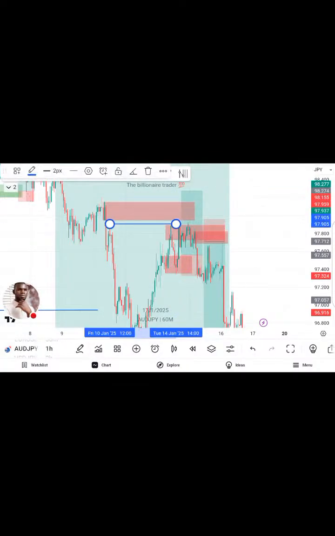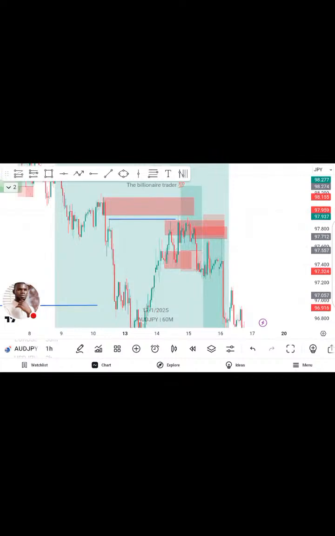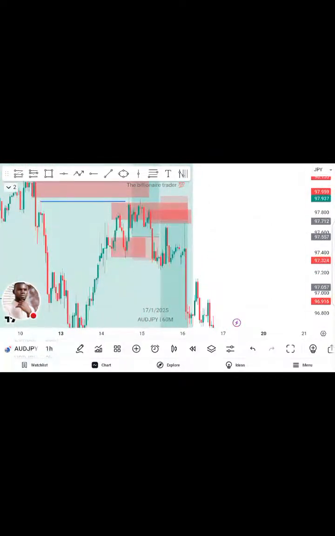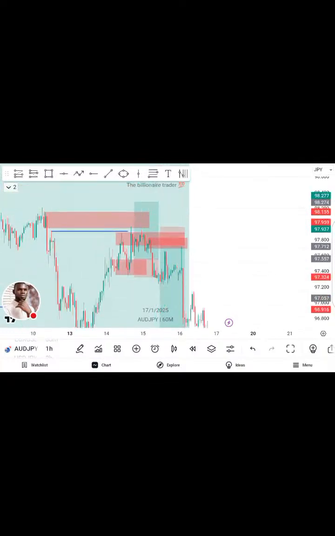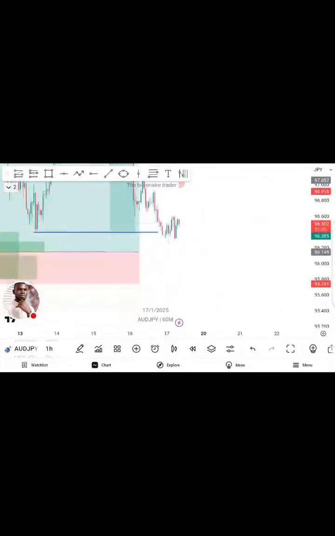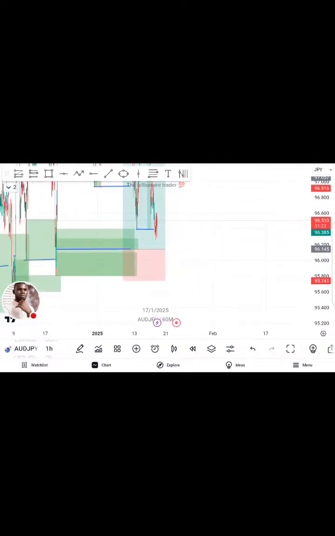Can you see, price took out the inducement, mitigated the supply zone, and boom, then we have the sell. So that's that. I'm still waiting for price to get to this area for a buy. So let's see what happens.